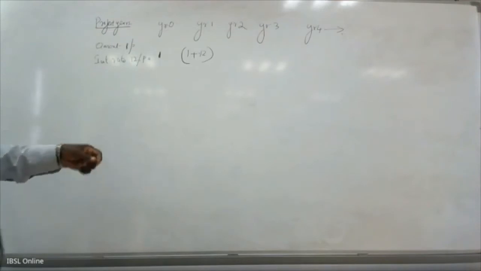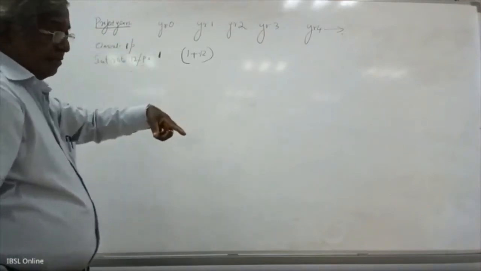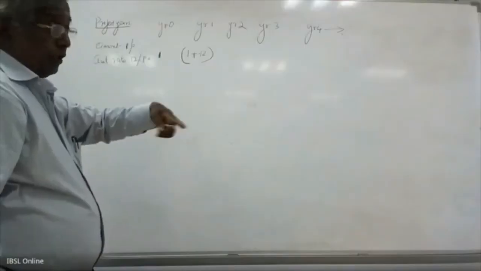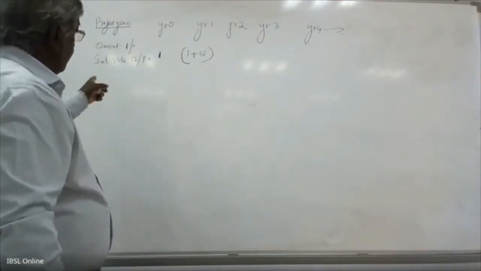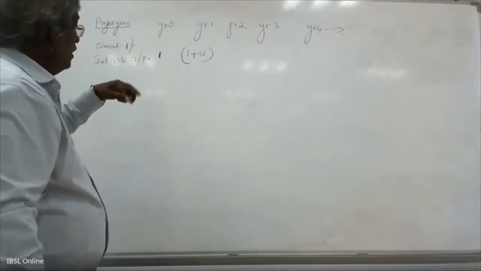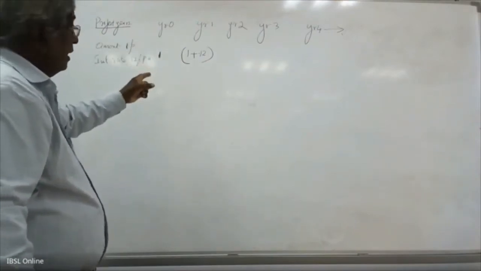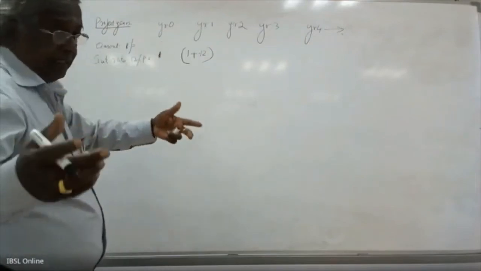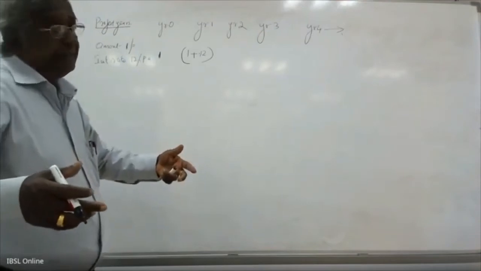Once again, I am having 1 rupee now. I am investing in fixed deposit with automatic renewal at an interest rate of 12% per annum. So in year 0 it is 1 rupee, and in year 1 the value of the money will be 1 plus 0.12 with the interest.